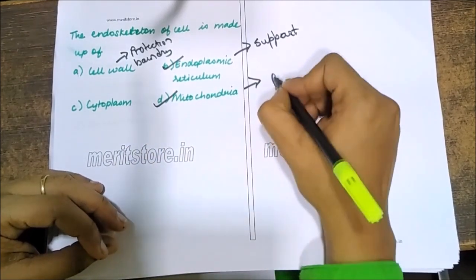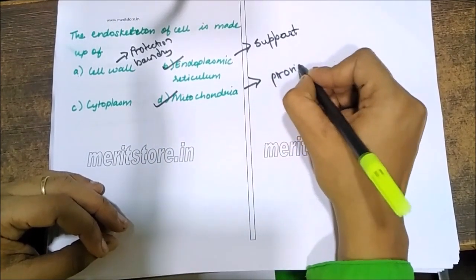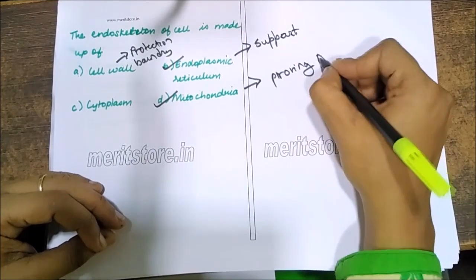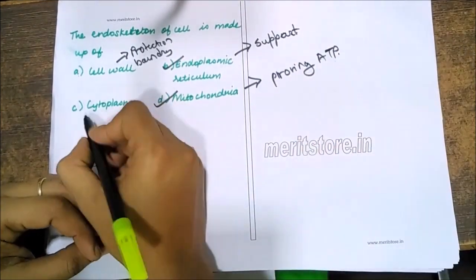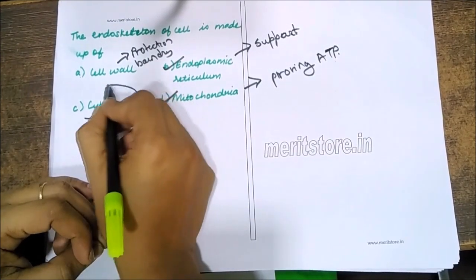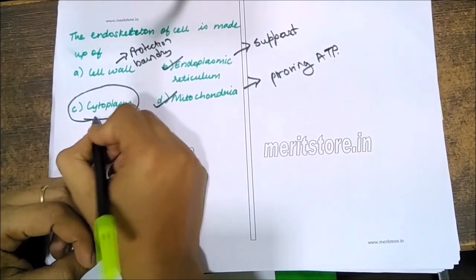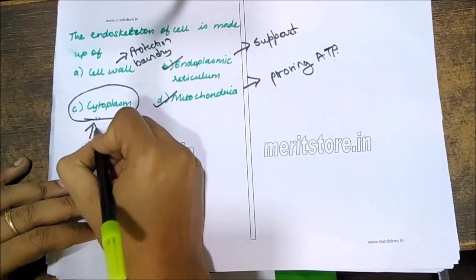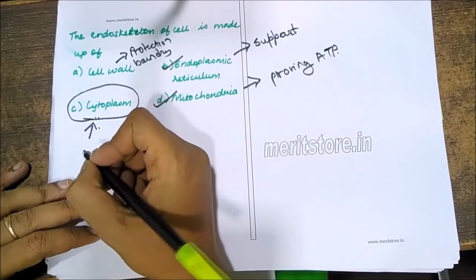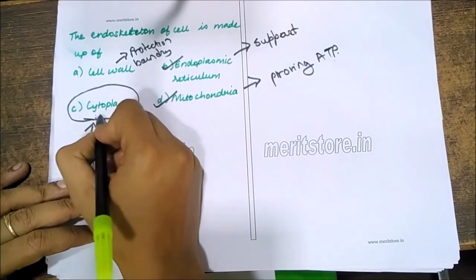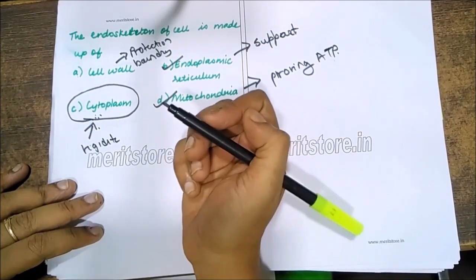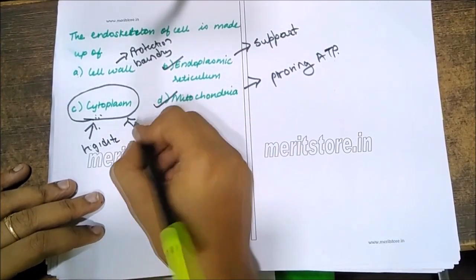Mitochondria is for providing energy, generation of ATP, right? Hence called powerhouses. And the endoskeleton of the cell is made up of cytoplasm. So this cytoplasm gives the cell rigidity. So the correct option is C, cytoplasm. This is the endoskeleton of the cell.